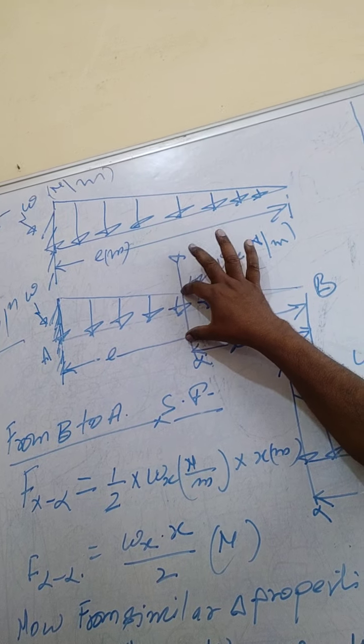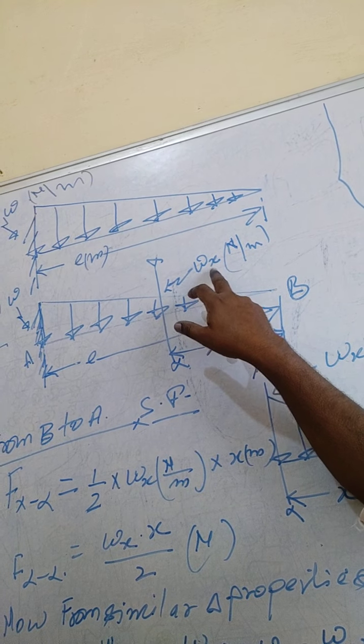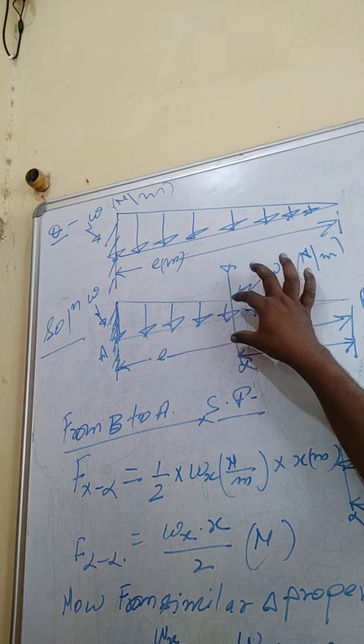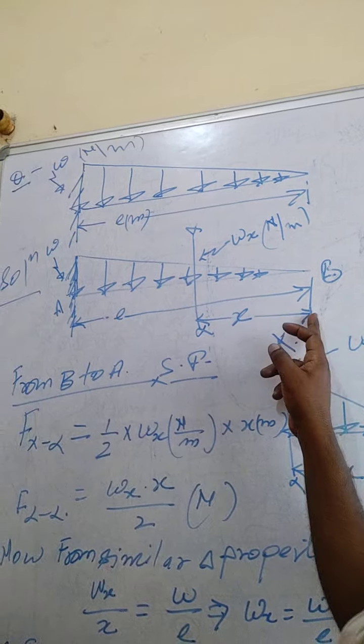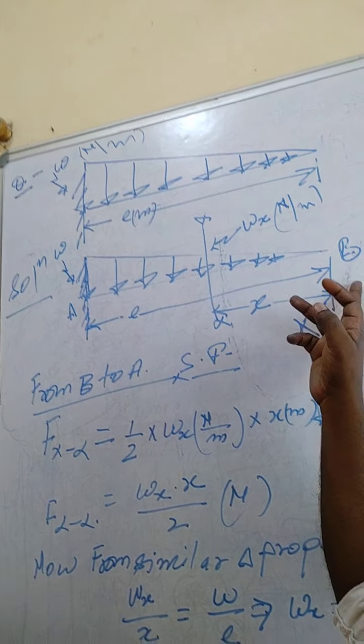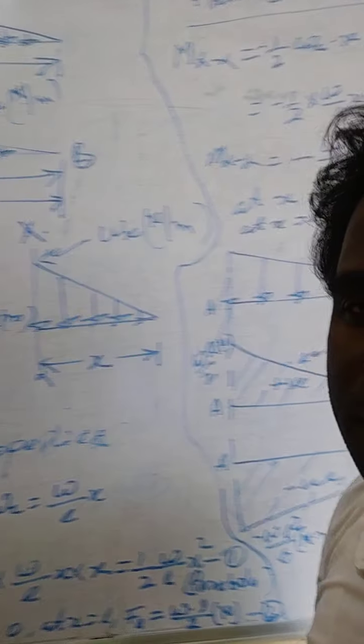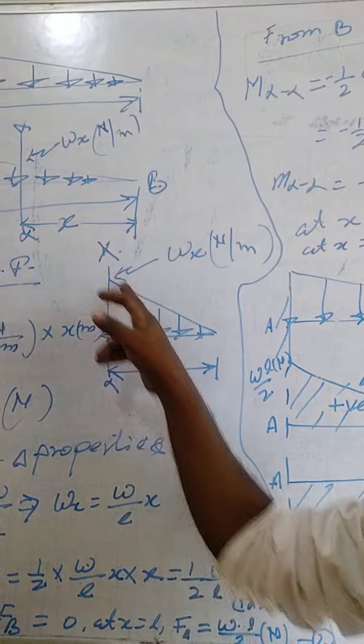Wx denotes W suffix x, which is at a distance x from this free end B. This is the right side portion of the beam I have drawn. This is x, this is Wx.